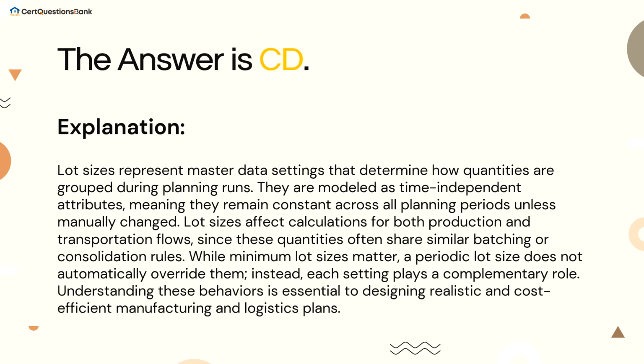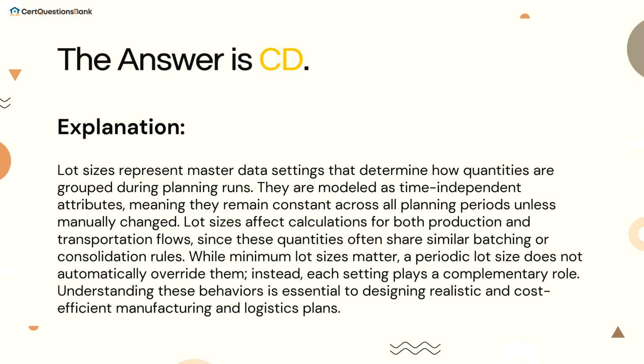Lot sizes represent master data settings that determine how quantities are grouped during planning runs. They are modeled as time-independent attributes, meaning they remain constant across all planning periods unless manually changed. Lot sizes affect calculations for both production and transportation flows, since these quantities often share similar batching or consolidation rules.